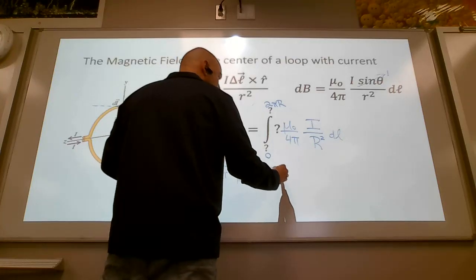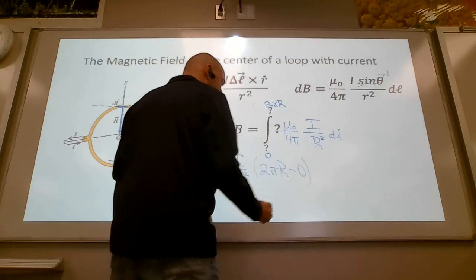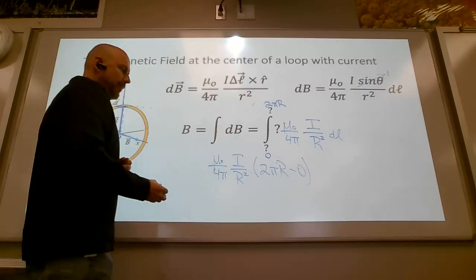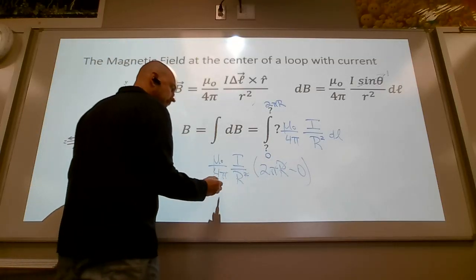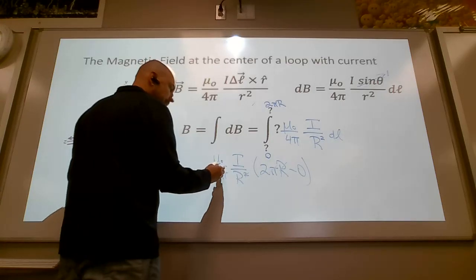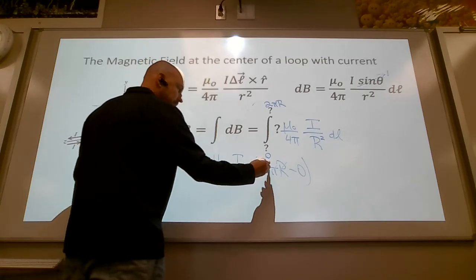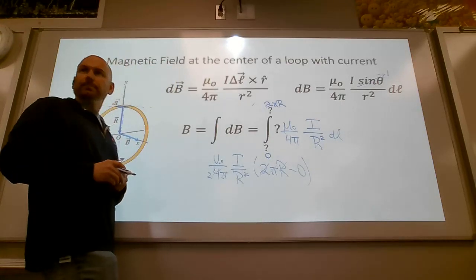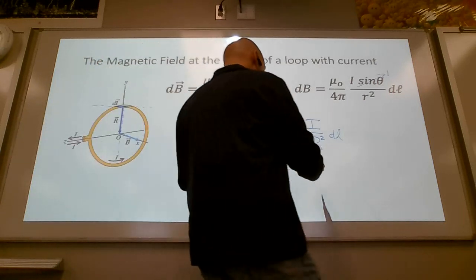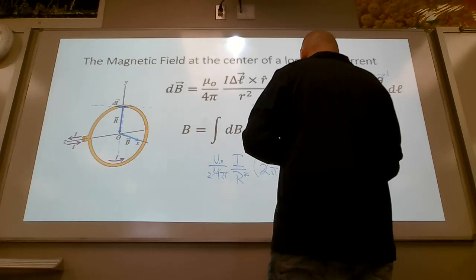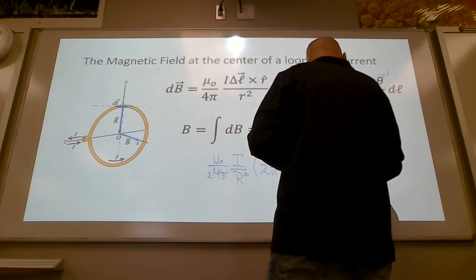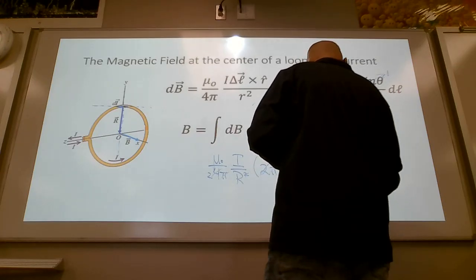we just get 2 pi r minus 0. So pi r, and one of those 2's goes out, leaving us with mu naught times the current over 2r.